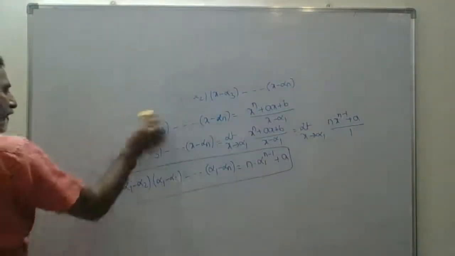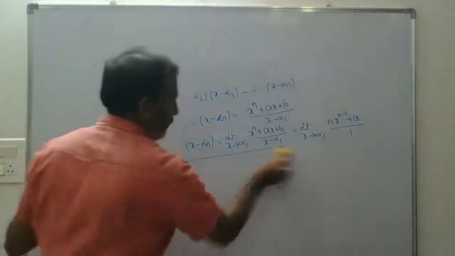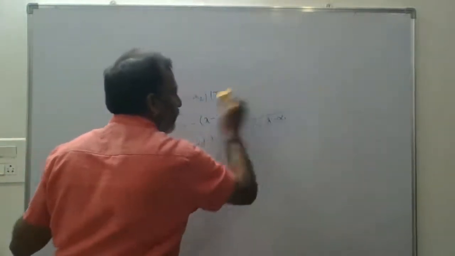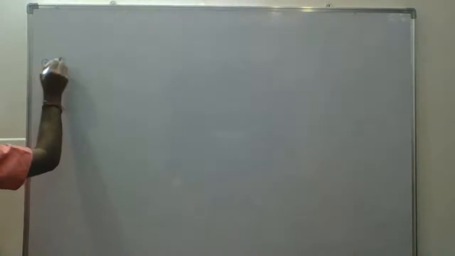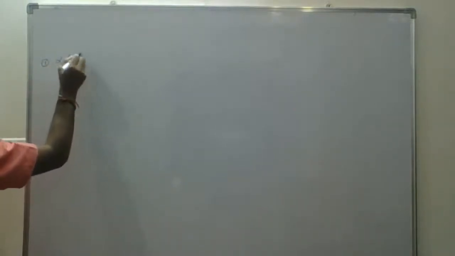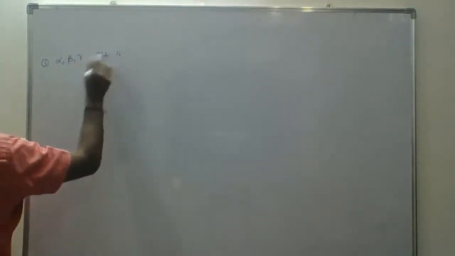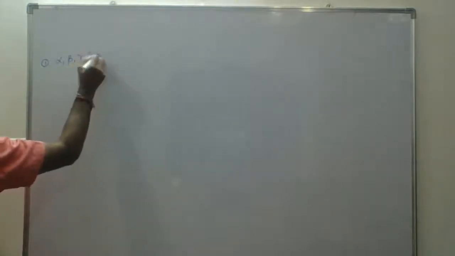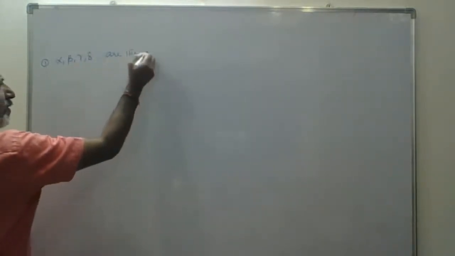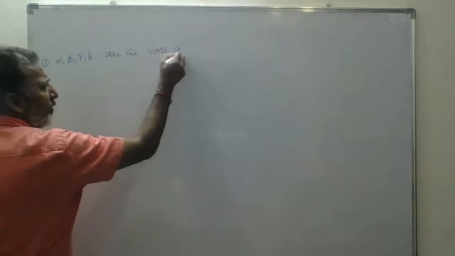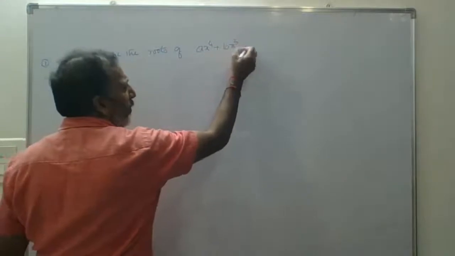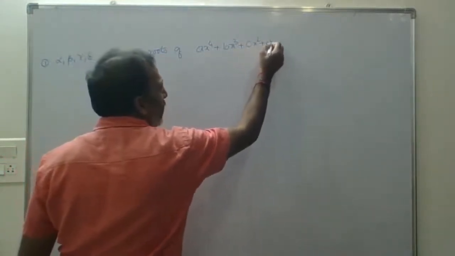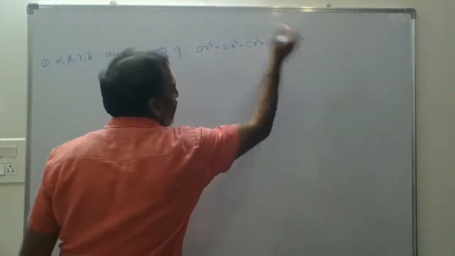Let us write some small points once. First point, if alpha, beta, gamma, delta are the roots of ax power 4 plus bx cube plus cx square plus dx plus e is equal to 0.